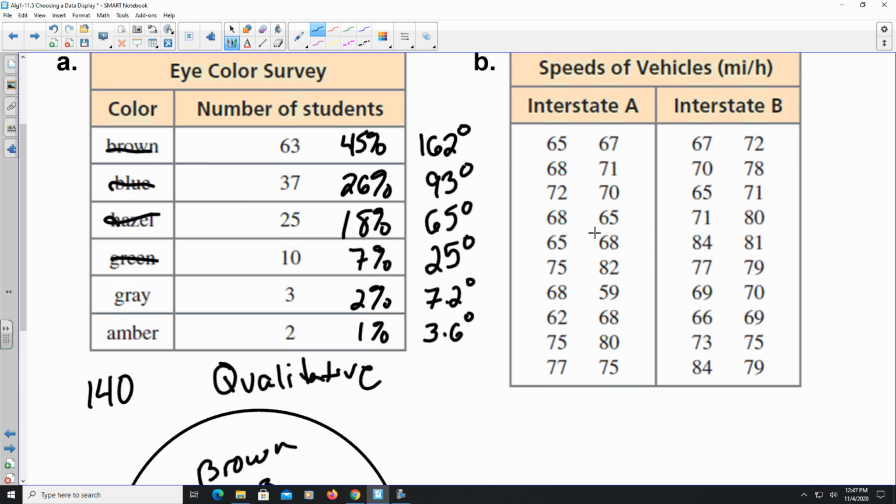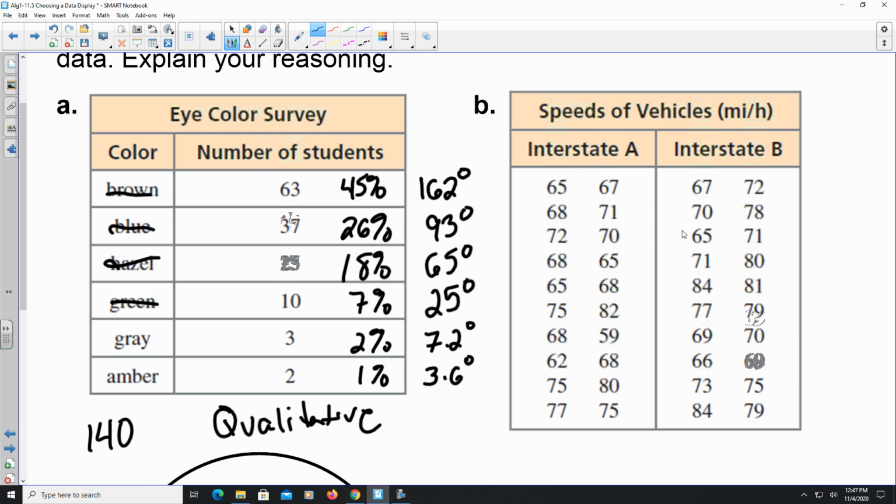So from here, we have two different charts. One's talking about Interstate A, and one's talking about Interstate B, and it's speed of vehicles in miles per hour. So this is an example of a quantitative piece of data.